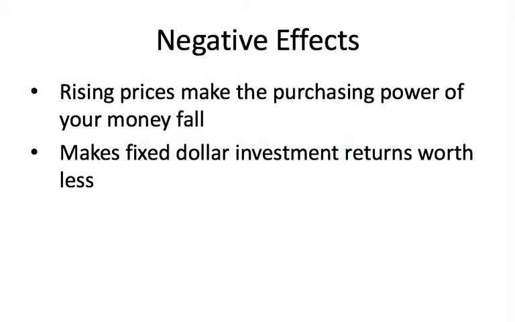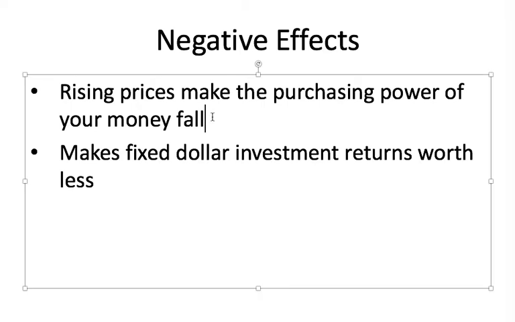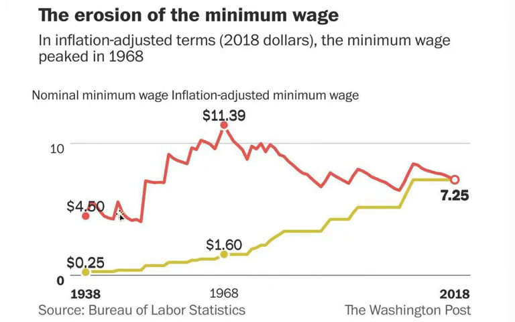All right. Let's give a real life example of this: inflation, or rising prices, making how much you can purchase go down. This is a graph of the federal minimum wage here in the US.